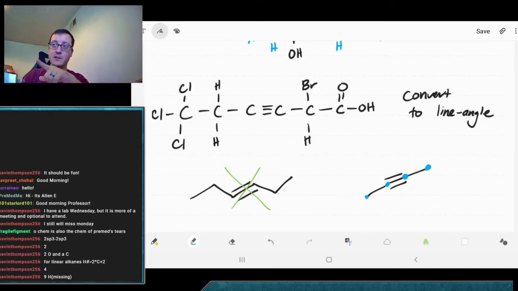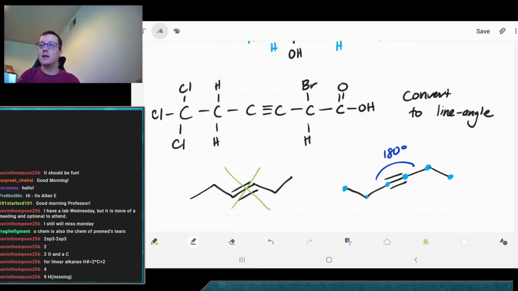And I know my triple bond is in the middle, so I need 2 on the left, 2 on the right. I currently have 1 on each side. So I can go ahead and add those 2 more in there. And now I'll have 6 carbons. Double bonds are cool to leave as this kind of weird angly thing, but triple bonds you're going to need to make sure that you do have the 180 degrees around it. So don't forget that for triple bonds.